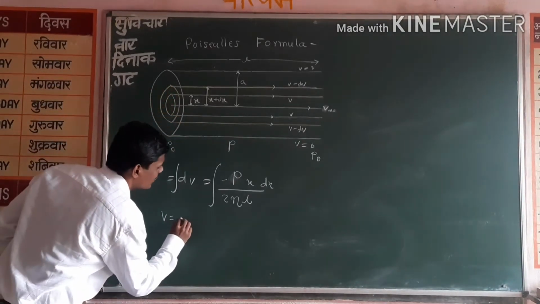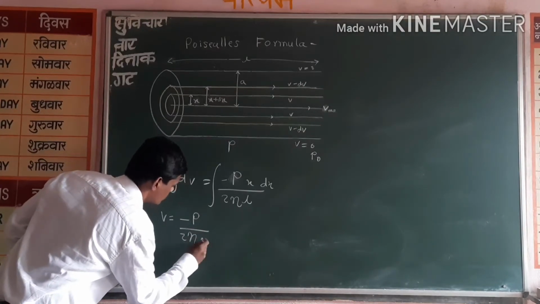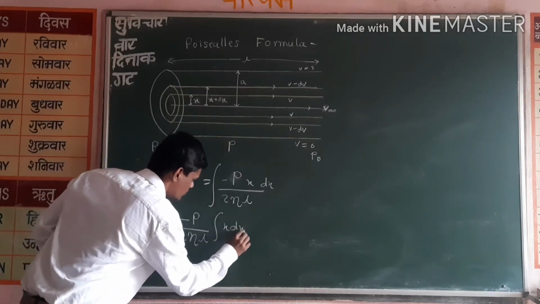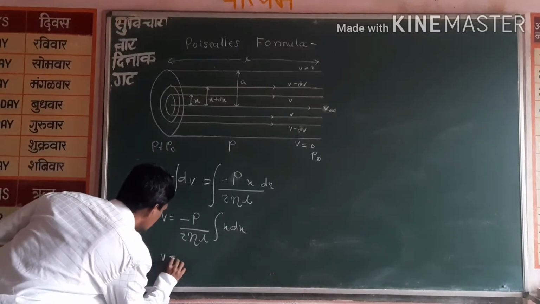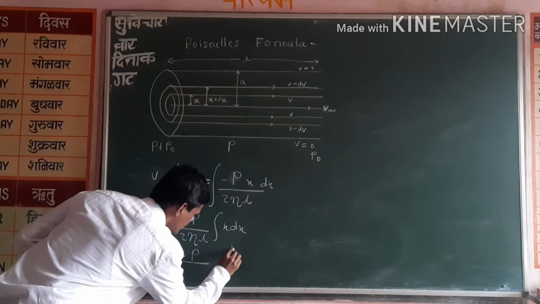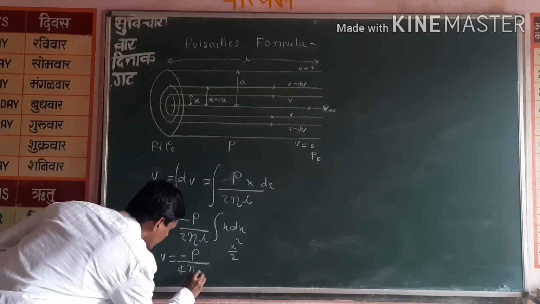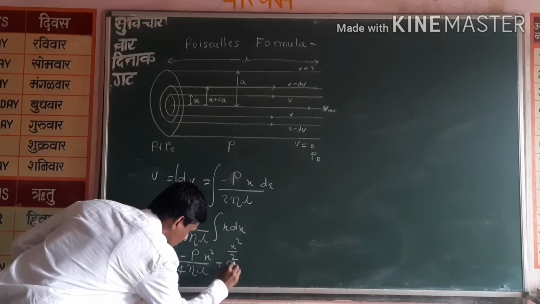Taking constants outside, eta is constant, L is constant, and the variable is x. Integrating with x, the integration of x is x square by 2. So v is equal to minus P by 4 eta L times x square plus the integration constant c.